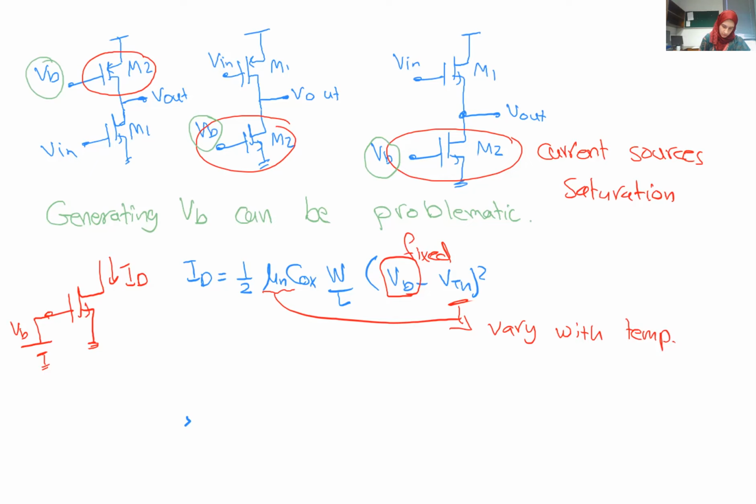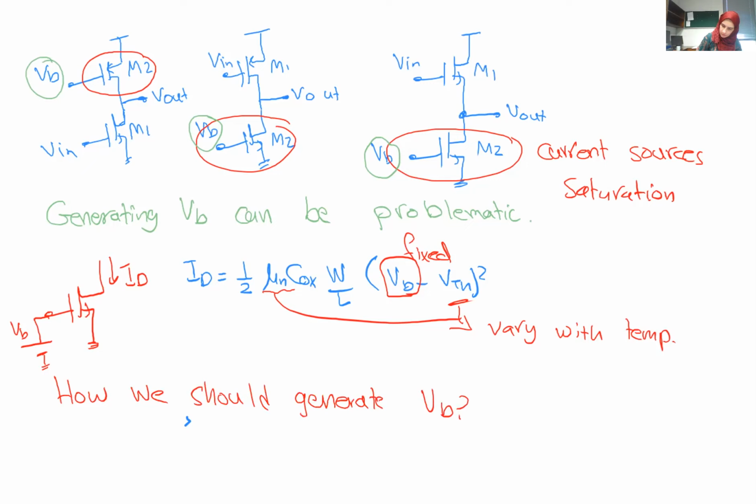Okay, so the issue is how we should generate VB. We need a good VB that should be stable and allow us to get the exact current that we are aiming for. One way is, for example, to use a resistive divider.